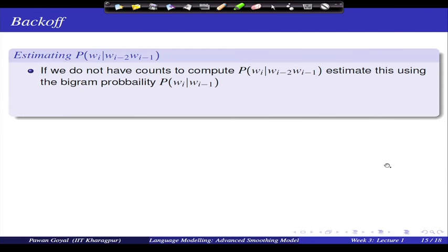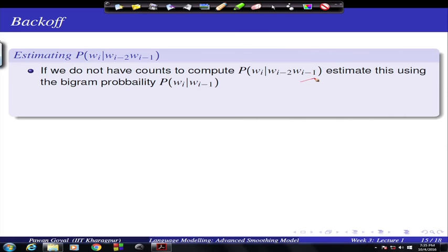Okay. So let us see what we do in Backoff language models. The idea is that I am computing a trigram model, wi given wi minus 2, wi minus 1, where this is the previous word and this is the previous to previous word.